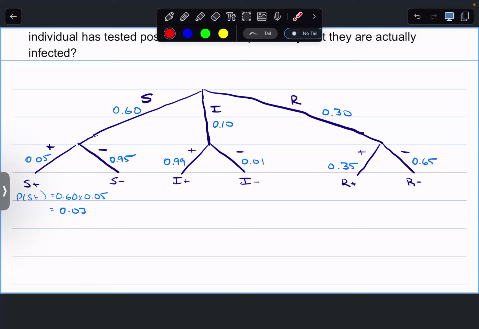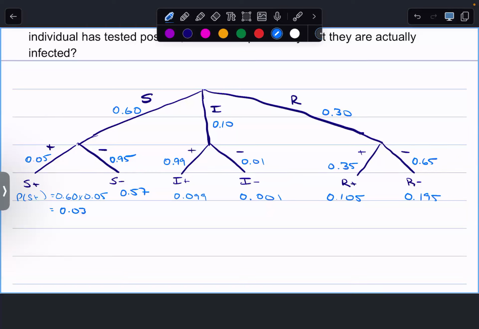The and probabilities. And so 0.6 times 0.95 puts me at 0.57, 0.1 times 0.99, 0.099, 0.1 times 0.01, 0.001, 1, 2, 3, good. 0.3 times 0.35, 0.105. You're going to be really hesitant to round, right? Because you need these to add to 1.